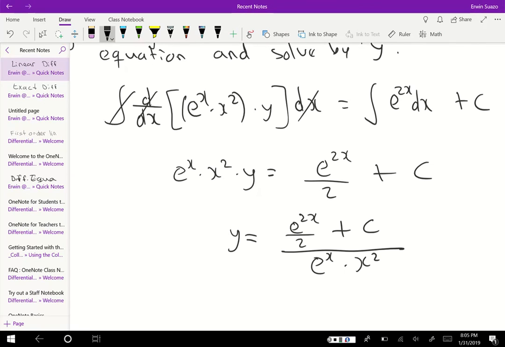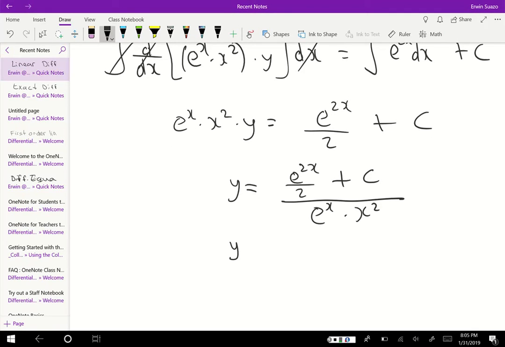Okay, and now if you want to write in another form, you can write it like e to the 2x divided by 2 e to the x times x squared plus c over e to the x times x squared.